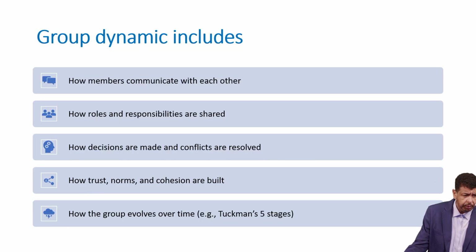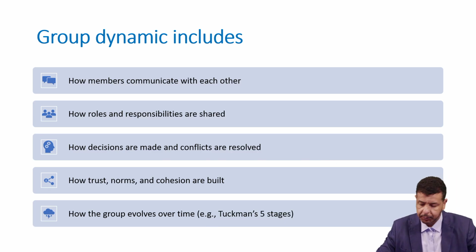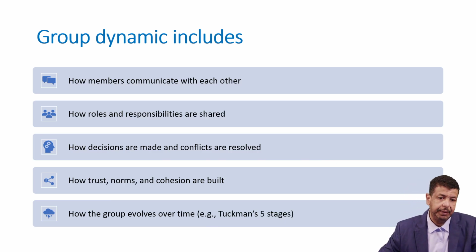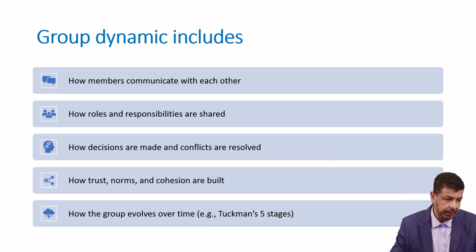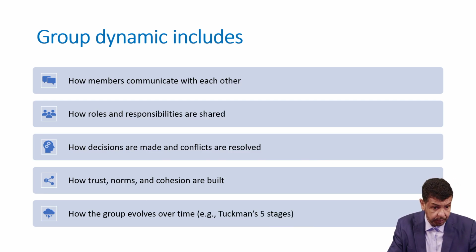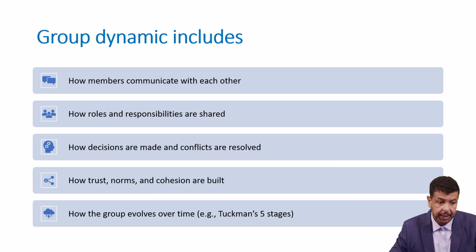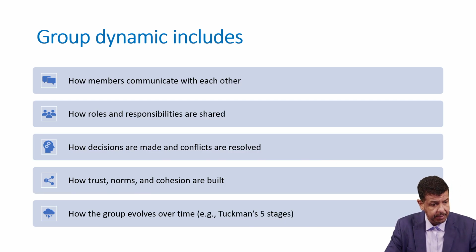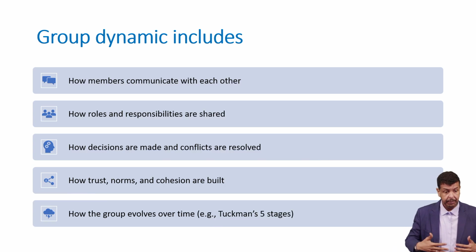Group dynamics include how members communicate with each other, or communication style, how roles and responsibilities are shared, how decisions are made and how conflicts are resolved, how trust, norms and cohesion are built, and how the group evolves over time.